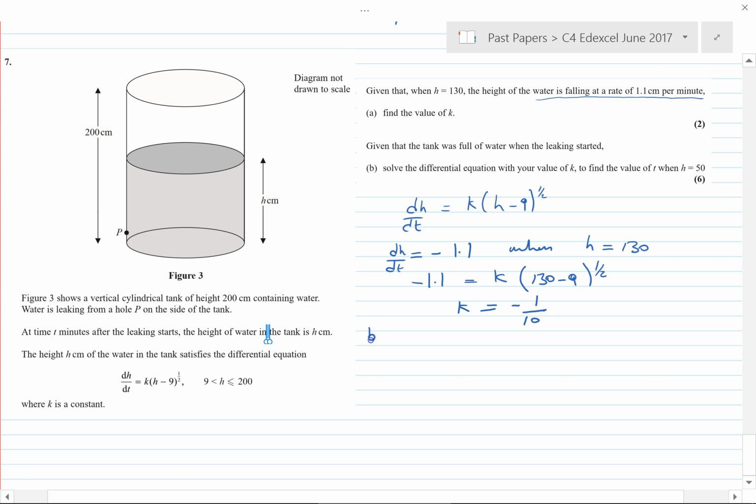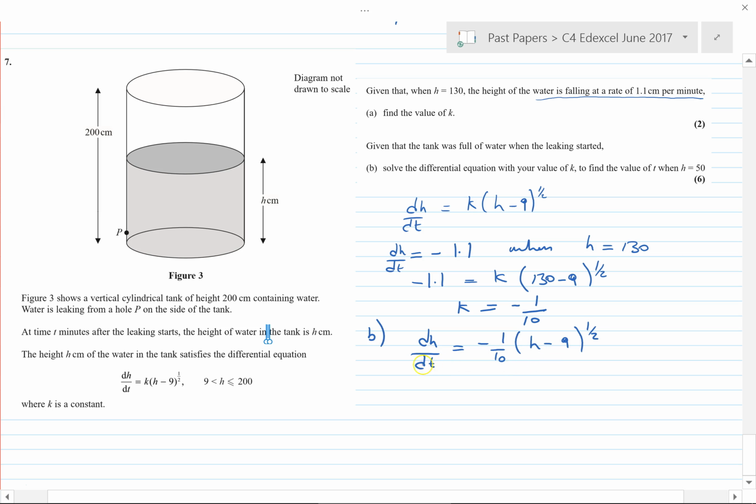Okay, now for part B, we now have the differential equation dh by dt is equal to negative 1 over 10 times h minus 9 to the half, and we just need to separate out the variables. Not particularly much going on here.